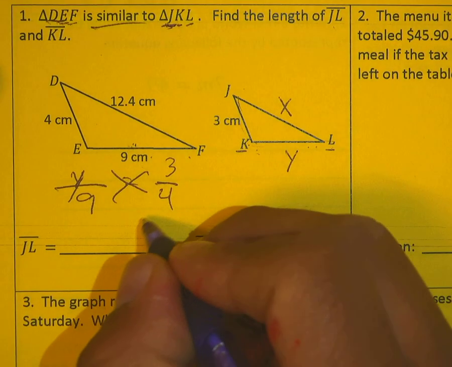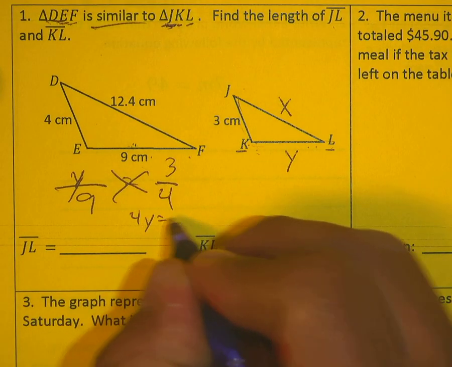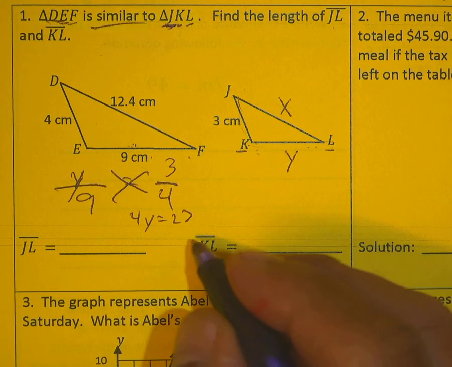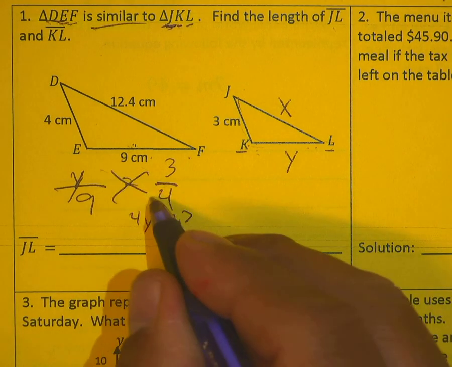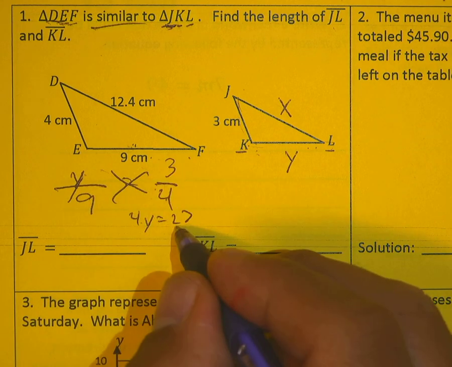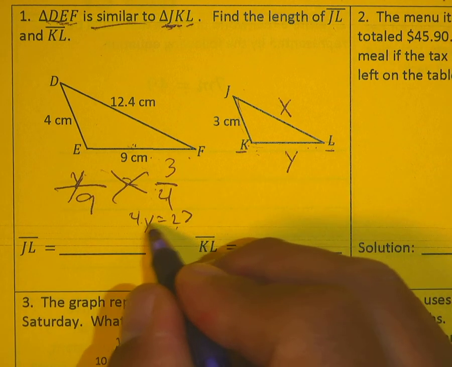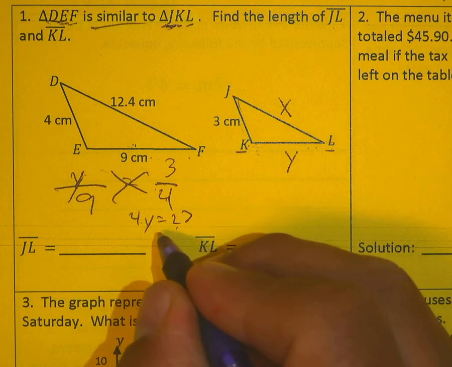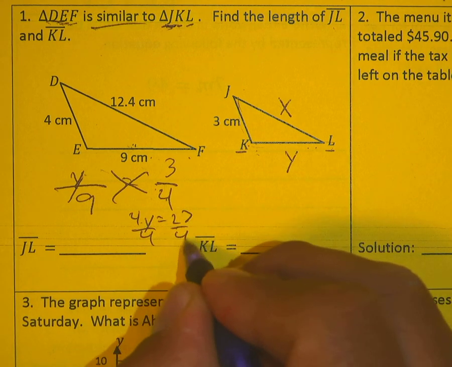And so now 4y is equal to 27. I cross multiply 4 times the letter, 4y, and 9 times 3 is 27. This is multiplication, and the opposite of multiplication is to divide. Divide by 4.